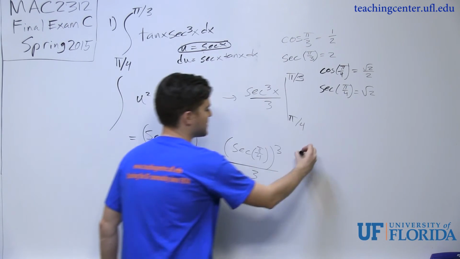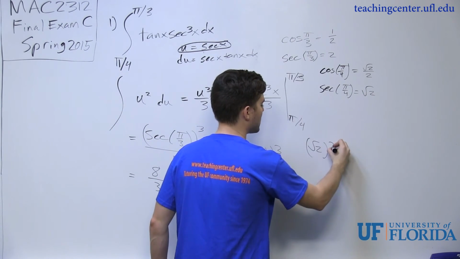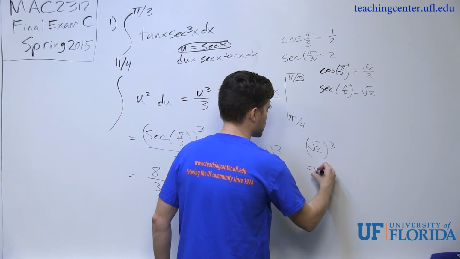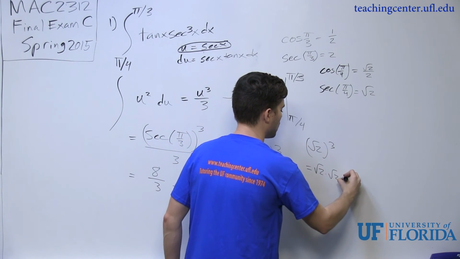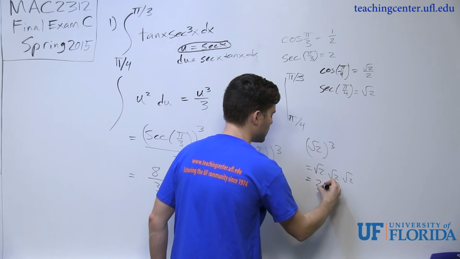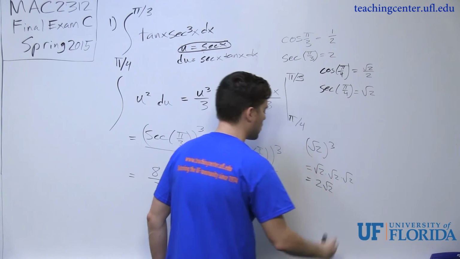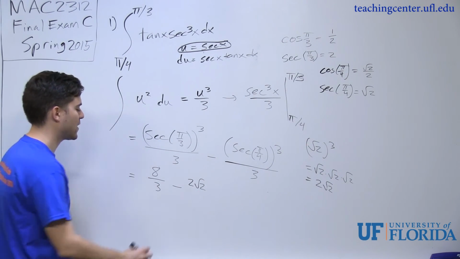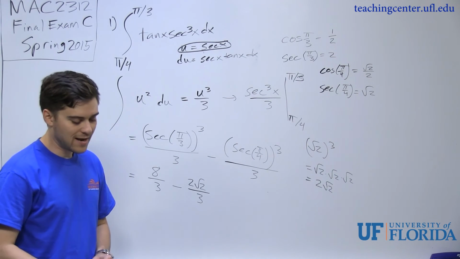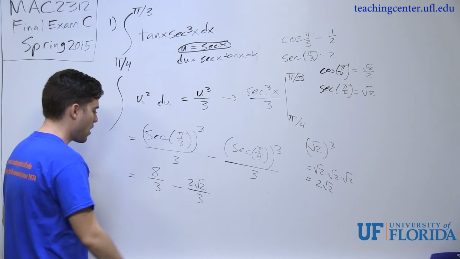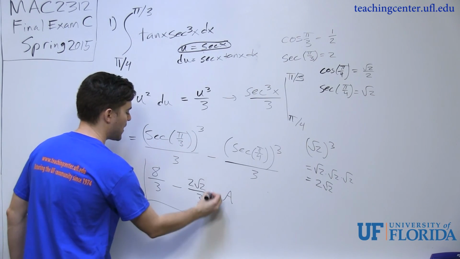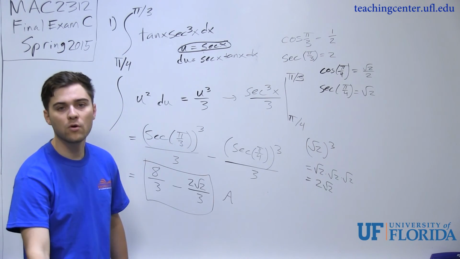The way I get that is if I have square root of 2 quantity cubed, that would be equal to square root of 2 times square root of 2 times square root of 2. Square root of 2 times square root of 2 is equal to 2, and then I'm left with an extra square root of 2 left over. So that's what I have on top, and I have a 3 on the bottom. So that ends up getting me the answer of 8 over 3 minus 2 square root of 2 over 3.